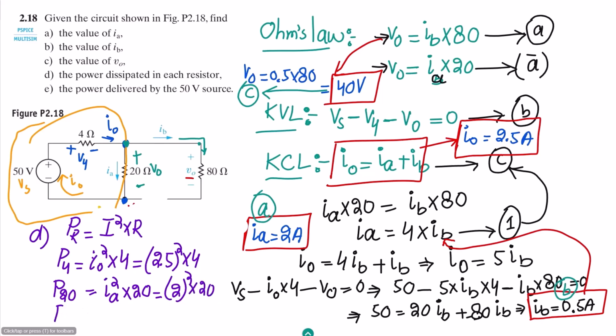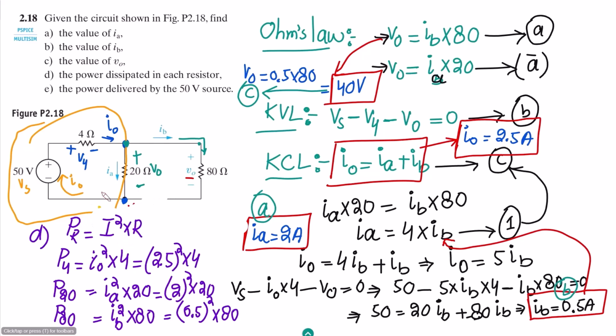And the value of the power dissipated across this 80 ohm, that is the current square, IB square, multiplied by this 80. The value of IB is what? That is 0.5 whole square into 80. You can calculate it, and then the answer of it will be here.